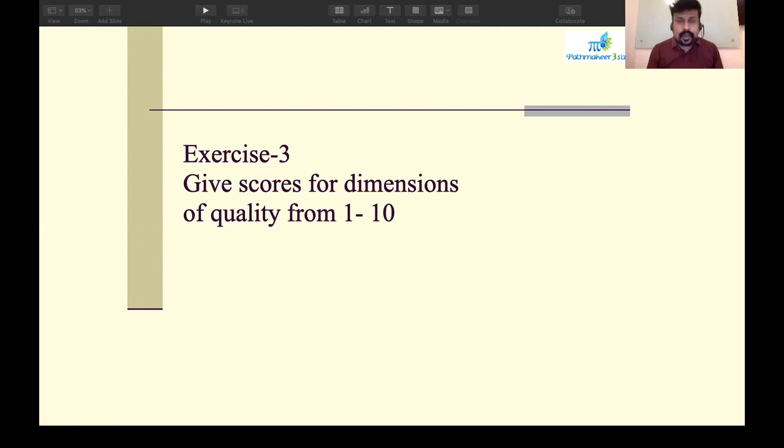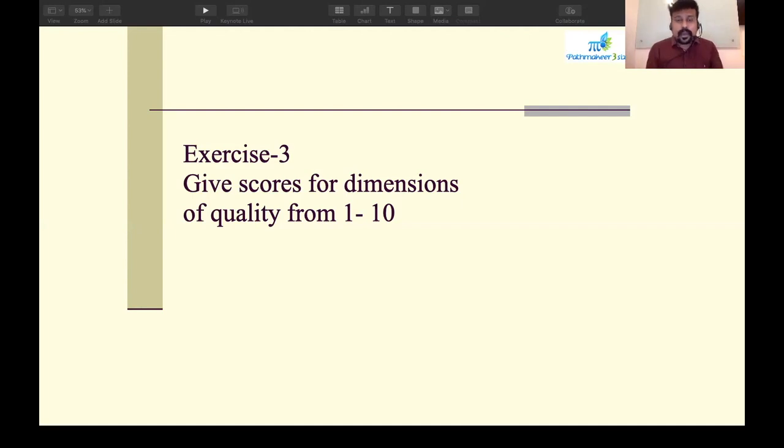Except the last one, for the remaining 7 dimensions, give a score from 1 to 10. 1 is less, 10 is you are very much satisfied with that particular characteristic, whether it is reliable or whether it is serviceable. If you give 10, the service is so good for serviceability.